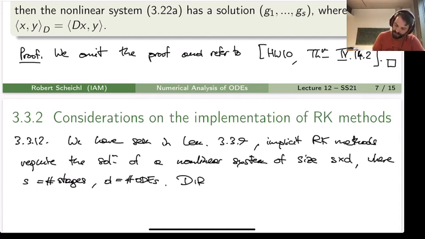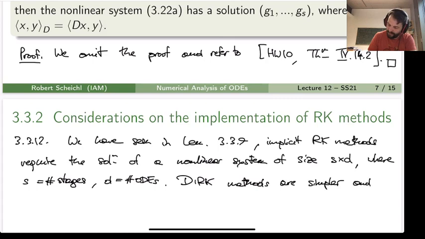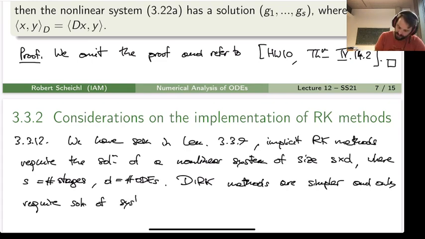DIRK methods, as we saw in lemma 3.3.10, are simpler. It's slightly simpler, but it definitely makes a difference when you're solving nonlinear problems if you only require the solution of systems of dimension D, S times.